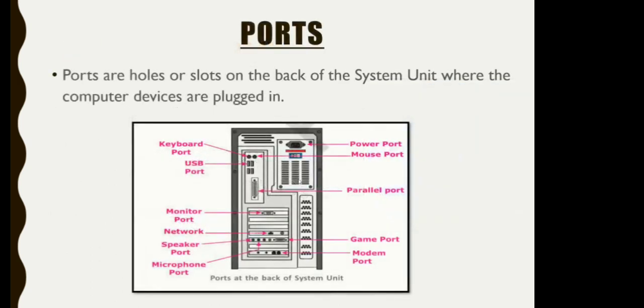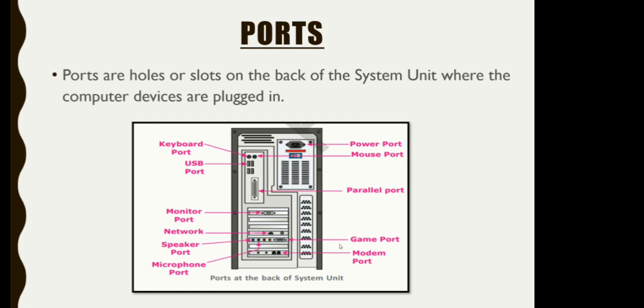Next one is ports. My dear students, as you can see on your screen, this is the back side of the system unit. It contains many holes or slots, right? So what are ports? Ports are holes or slots on the back of the system unit where the computer devices are plugged in.